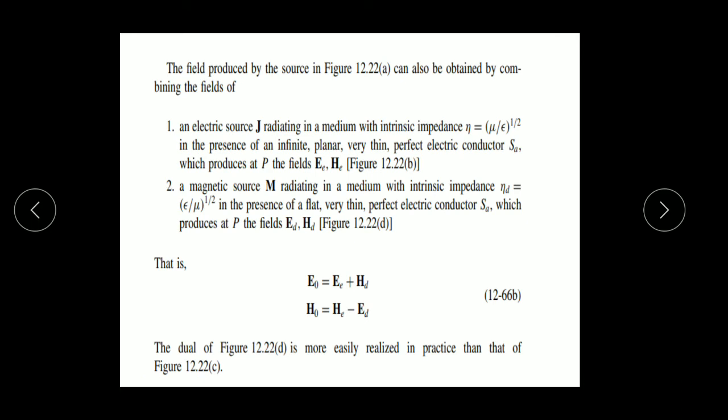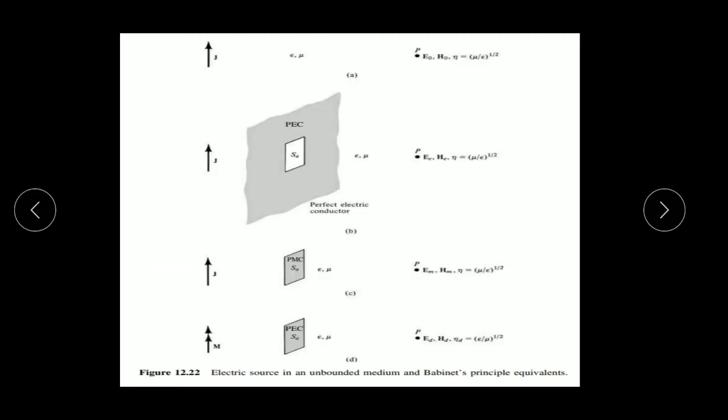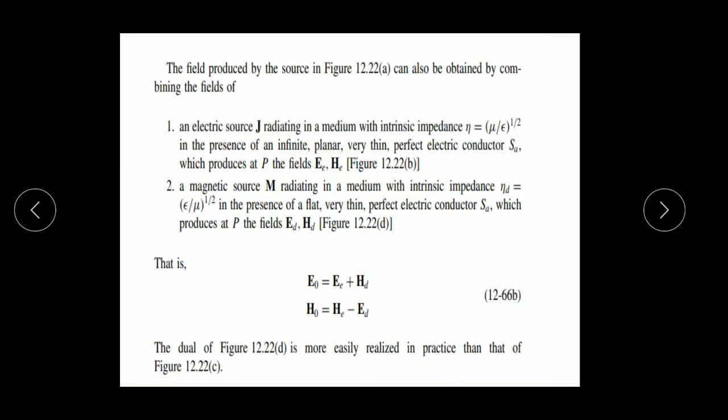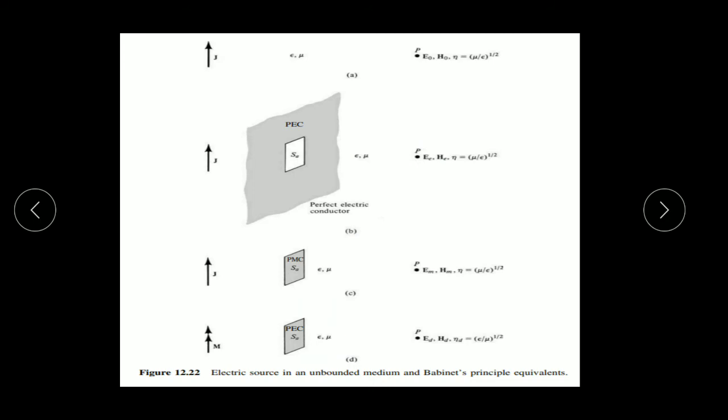An infinite planar, very thin perfect electric conductor S_a produces the field at P, H_e. And second, the magnetic source M radiates in a medium with intrinsic impedance eta in the presence of a very thin perfect electric conductor S_a, which produces a field at P. Combining these, it is also equivalent to the field due to the unbounded region.